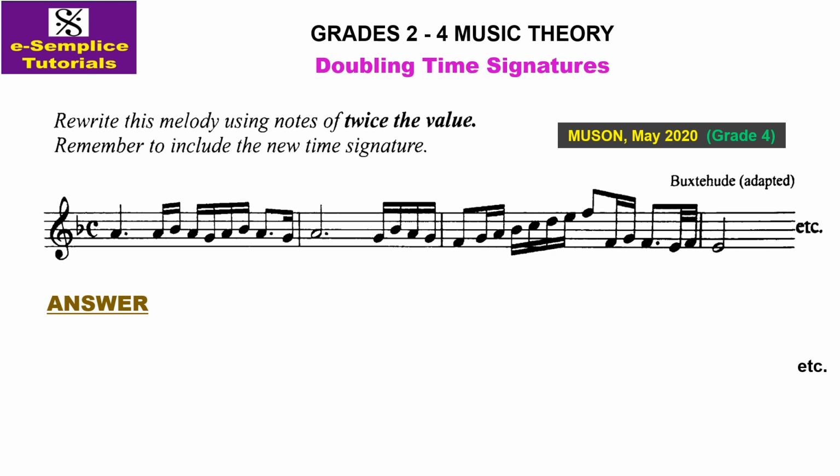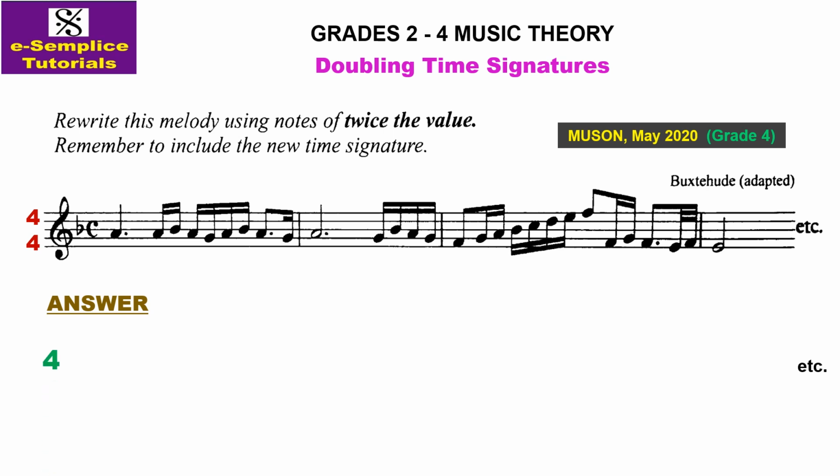Now, after the key signature, we have the time signature represented by C, and C means common time, and common time is 4/4 time. So we'll be working with 4/4 time.